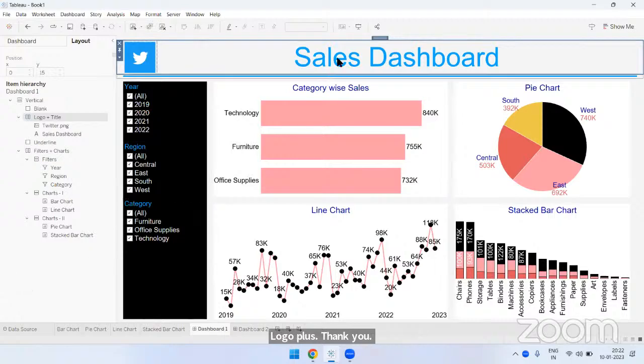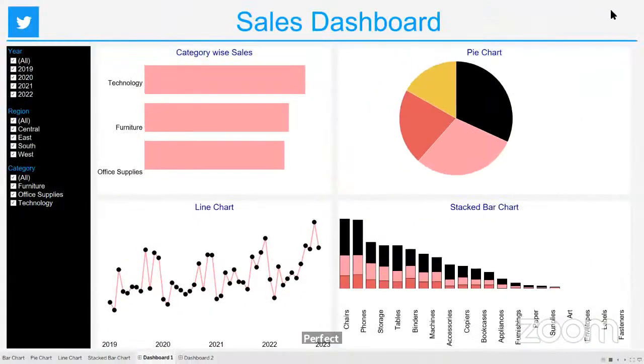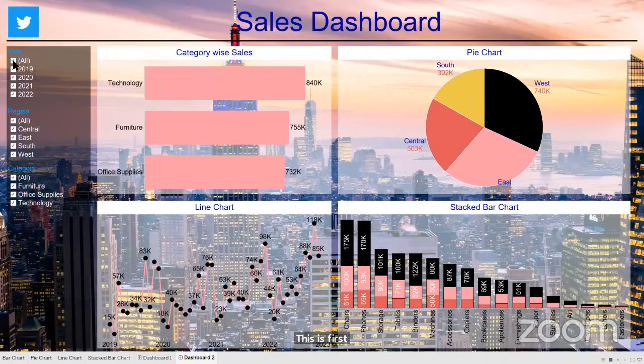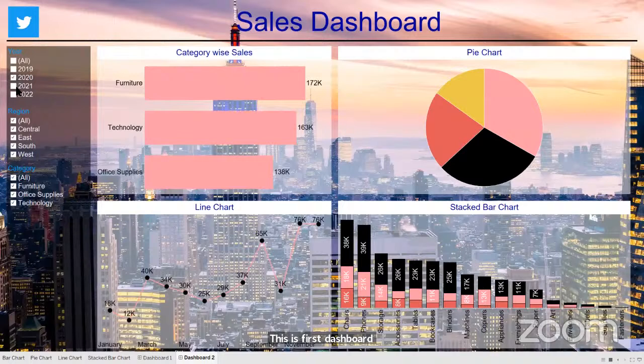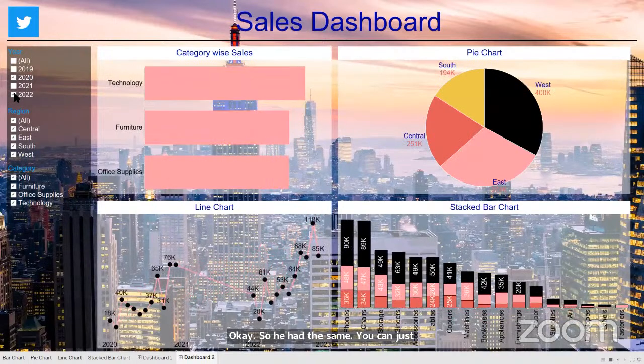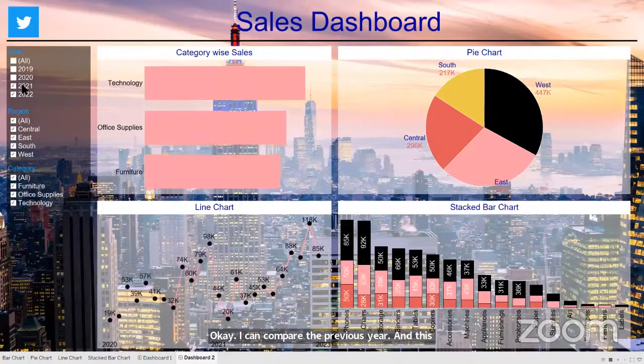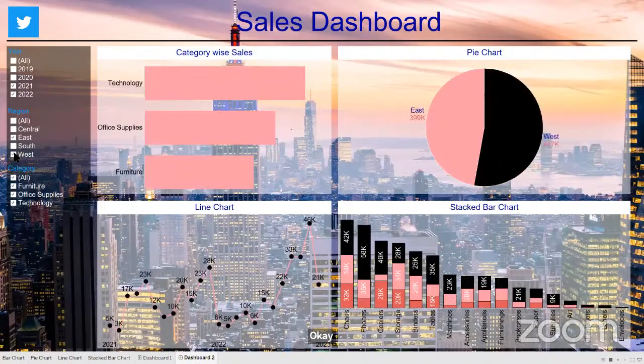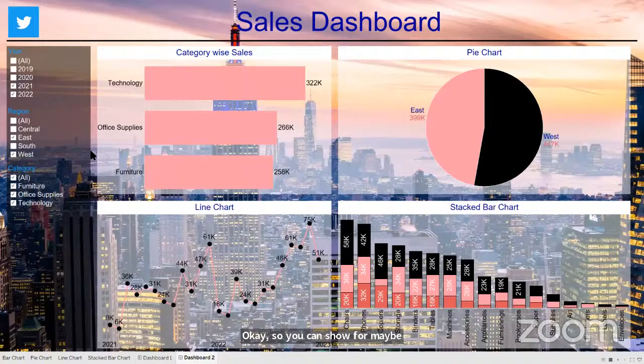Perfect. This is first dashboard. Okay, so here also you can just change 2020 and 2022. Okay, I can compare the previous year and this year, whatever. Okay, so you can show for maybe east and west, what happened in east and west, right?